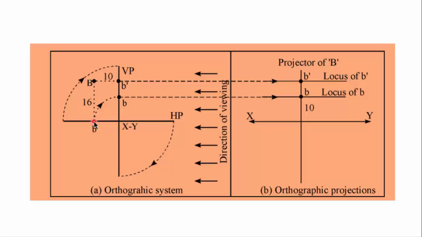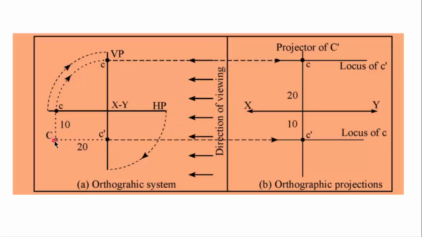After rotating HP through 90 degrees in clockwise sense, the plan will move and finally it will take this position. Now, looking in this direction, both these views, plan and elevation, lie above XY line. Specifically, plan is 10 mm above XY line, while elevation is 16 mm above XY line.